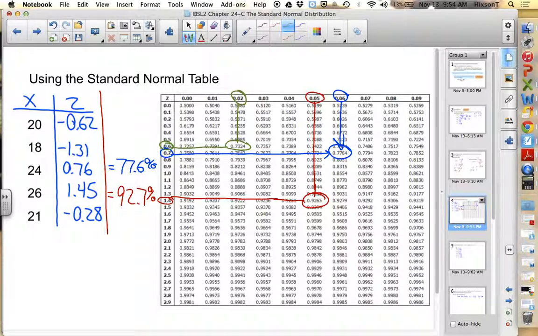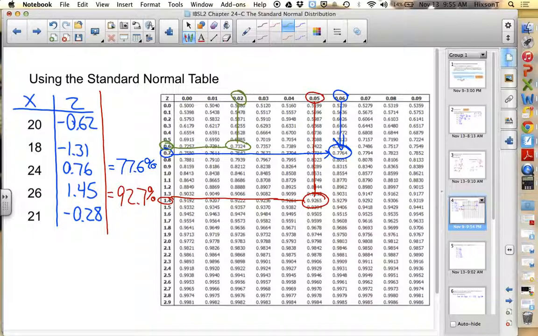Amanda? Maybe you subtract the percentage from 100 so it's like the opposite. Exactly. Rather than finding to the left of negative 0.62, we just find to the right of positive 0.62.